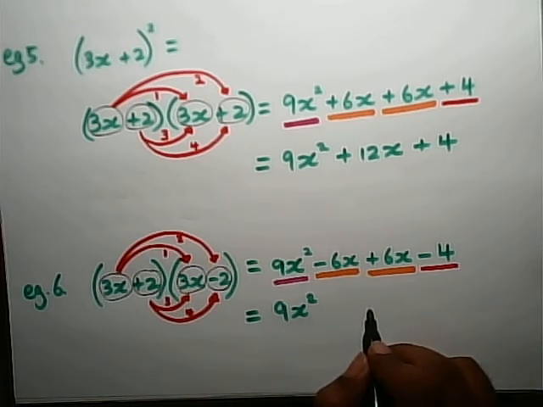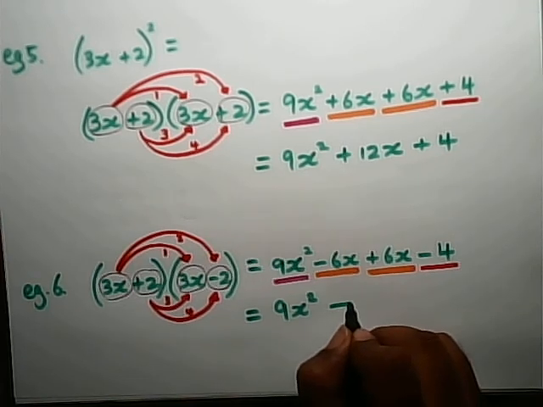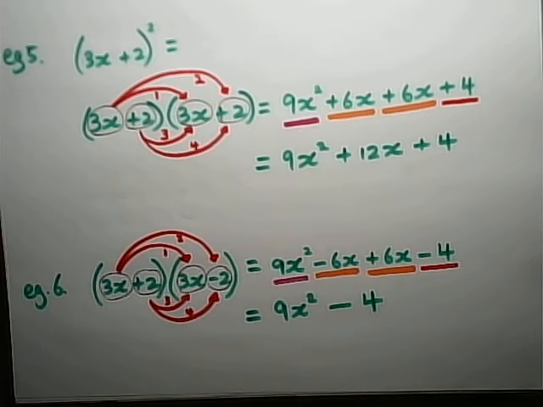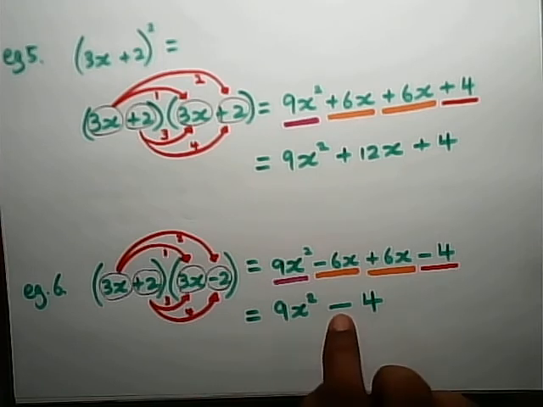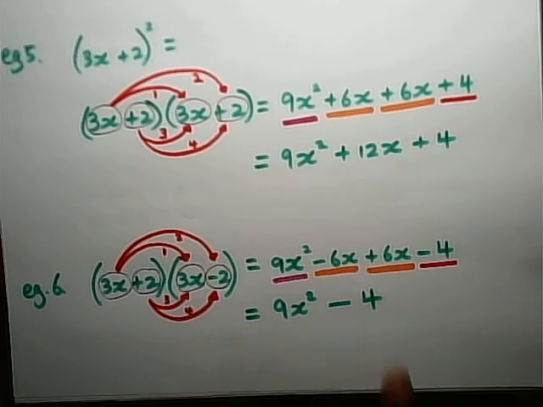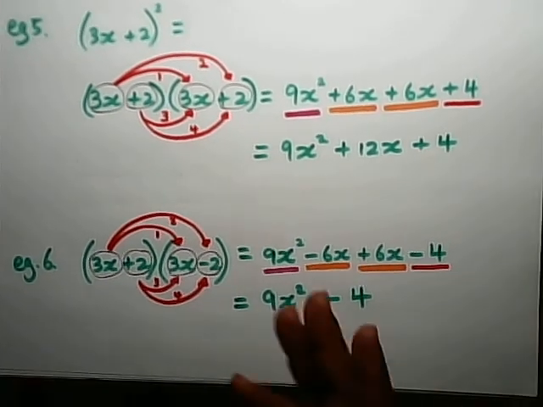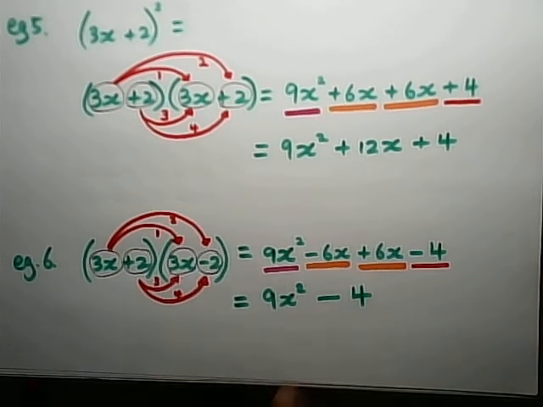I could leave it out. I just have to write 9x squared minus 4, because that evaporated into thin air as a 0. And that is a scenario where you get like terms, you work it out, and you end up with only 2 terms in your final answer.